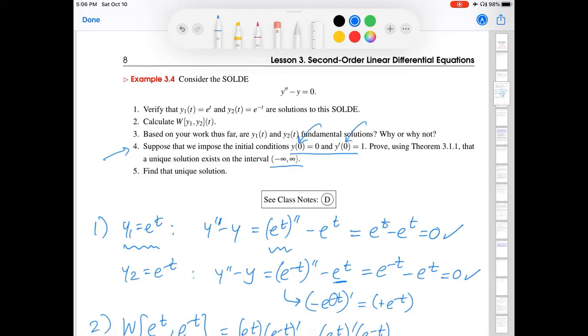Okay, so the standard form, remember, for a second-order ODE is this, for a homogeneous one at least. So if we compare these two, P of t here is 0 because there is no y prime term there. And Q of t here is -1 because that is what is multiplying y.